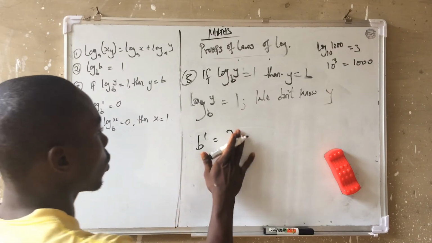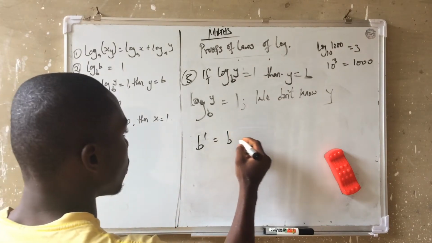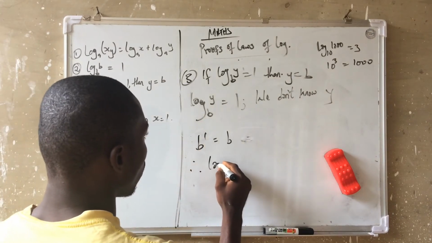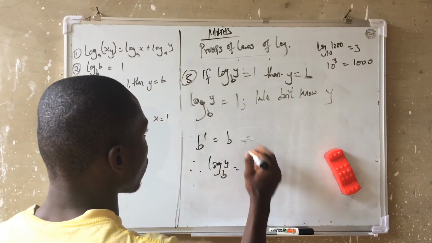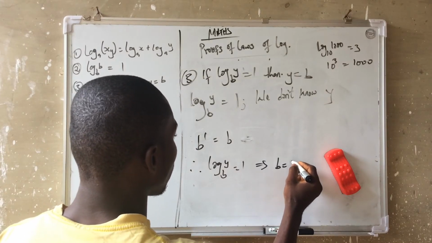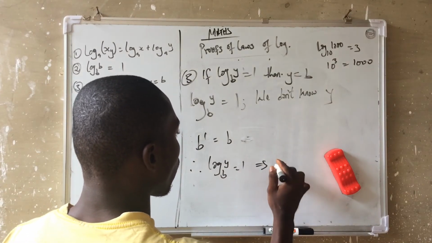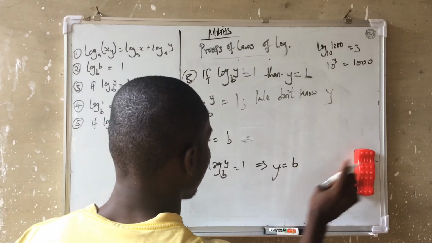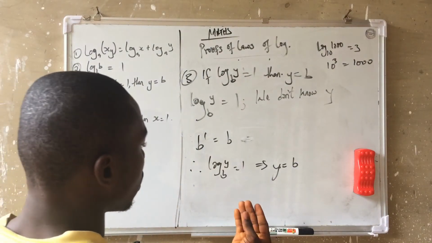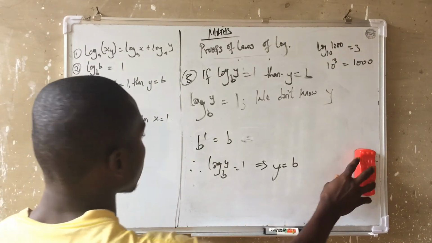It will be easier for us to know that b raised to the power 1 is b. So therefore, in this one now, log b y is equal to what? 1, which implies that b is equal to what? Which implies that y is equal to b. So that is how to prove this one.